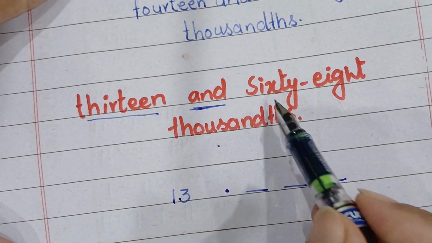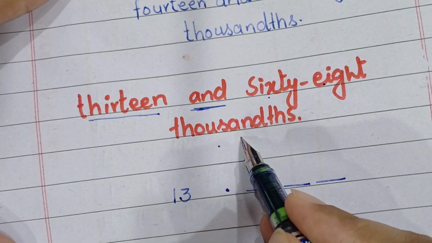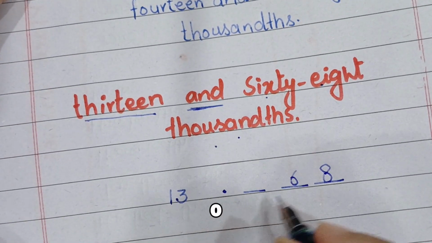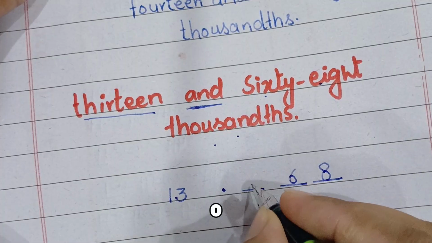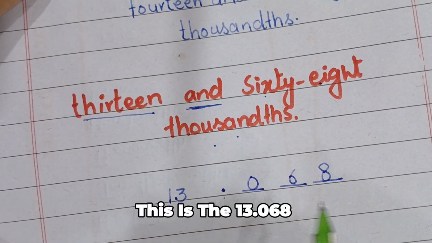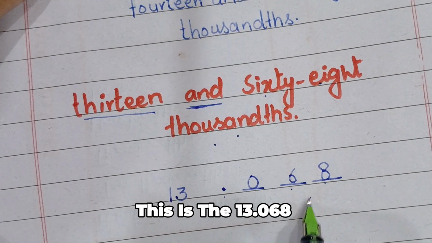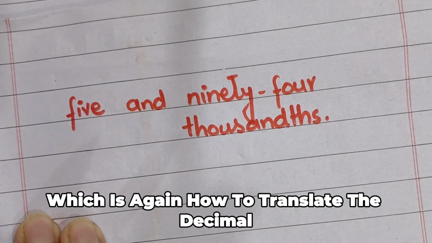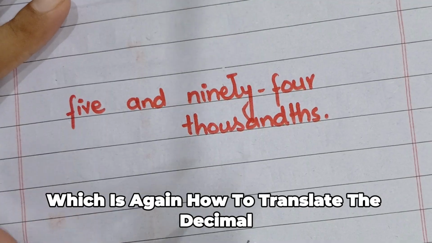Now translate it, which is sixty-eight thousandths. Now place the 0 in the empty place. Now, this is 13 and 68 thousandths.